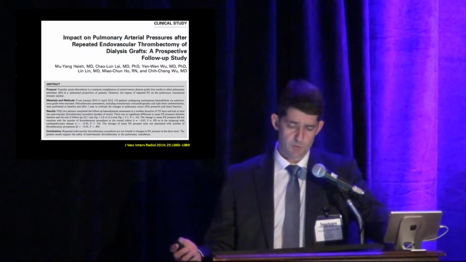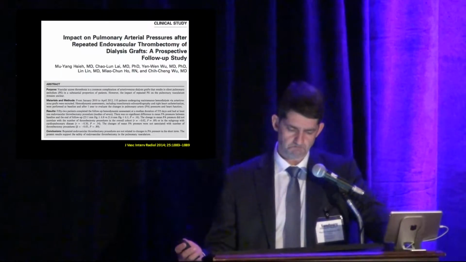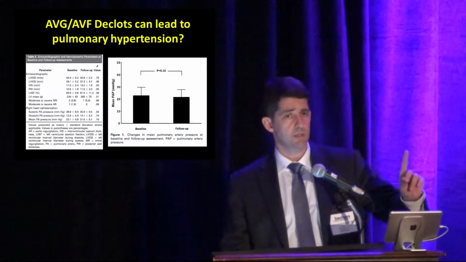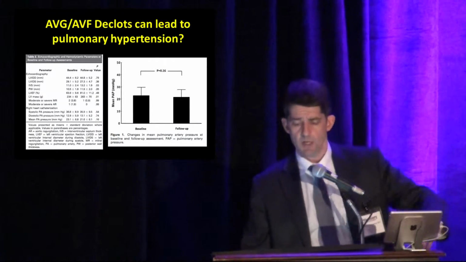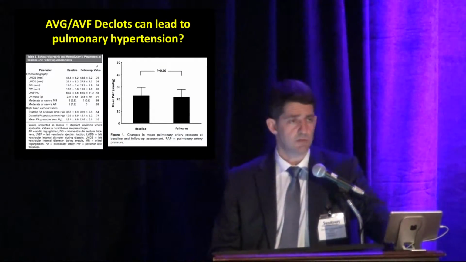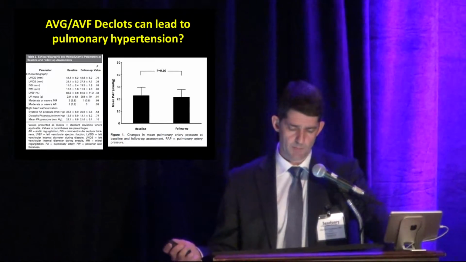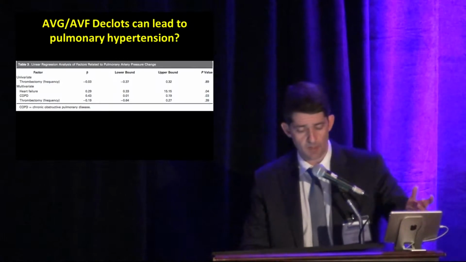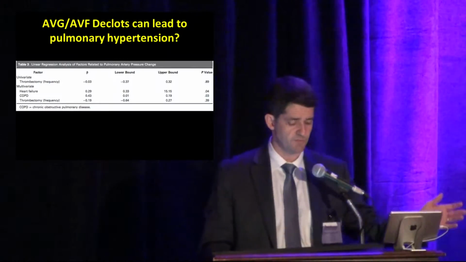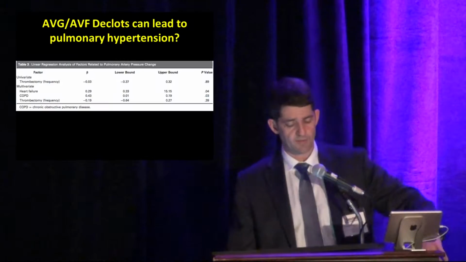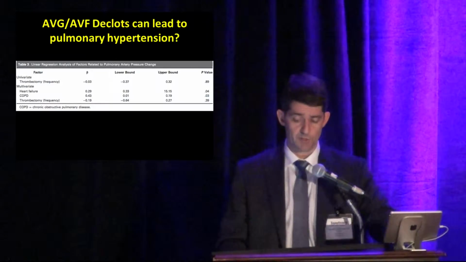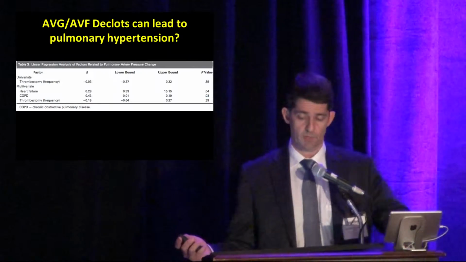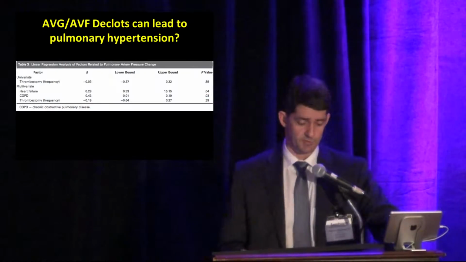What this paper showed is that there is no difference at 1 year follow-up after multiple interventions. These patients did not have any difference in pulmonary hypertension. In the linear regression and multivariable analysis, only existing heart failure or COPD were statistically significant for abnormality in pulmonary pressure, not multiple procedures.